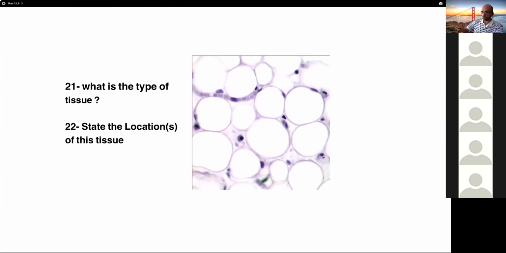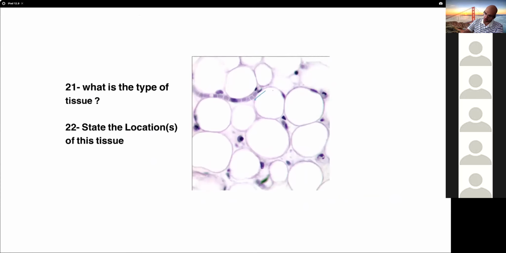Can you remind me what we call this tissue? It has large, empty, or vacuolated cells. This is my adipose connective tissue. And can you tell me some locations for the adipose connective tissue?